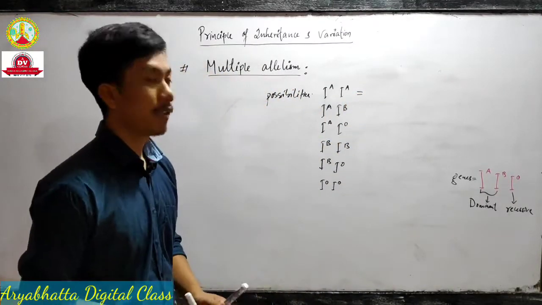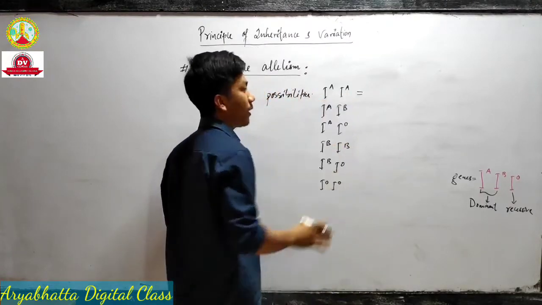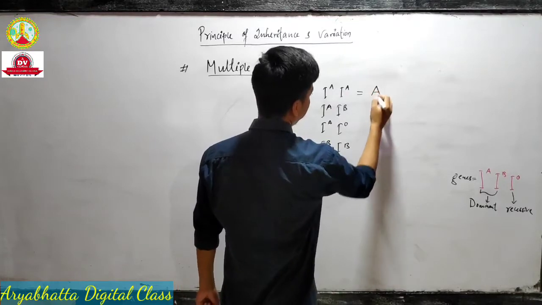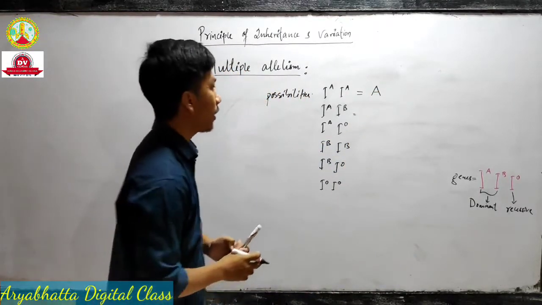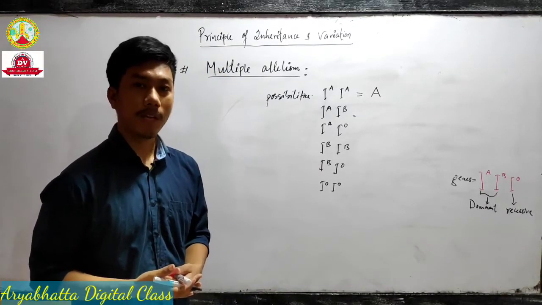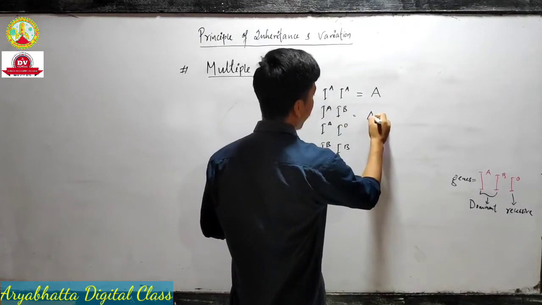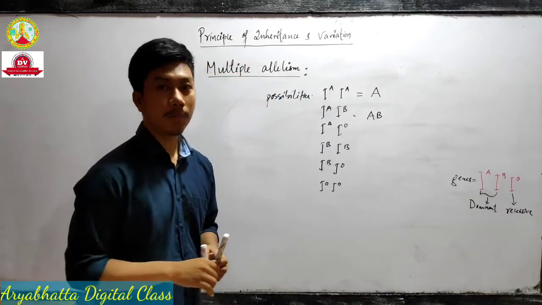Now finding out the dominant one. If there is IA and IA, the blood group will be A. If there is IA and IB, the blood group will be AB, because both are dominant.